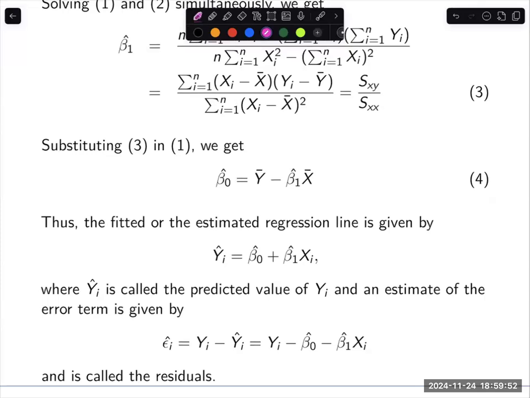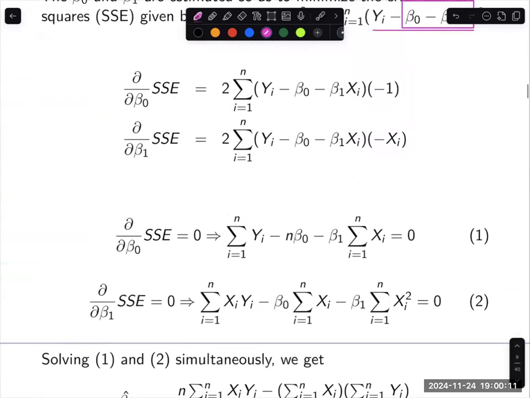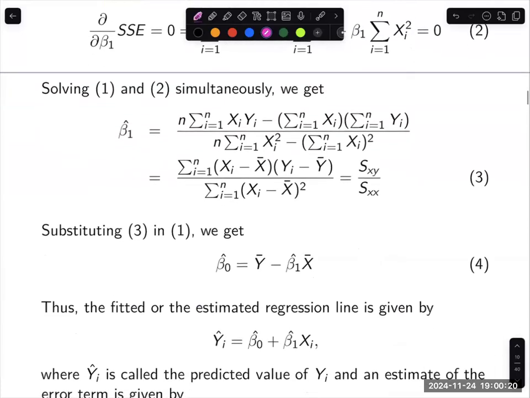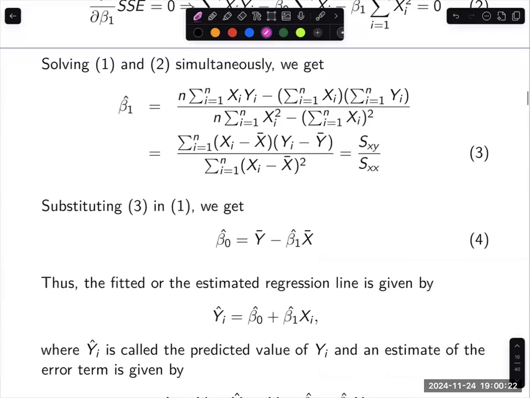So basically, we take yi minus beta 0 hat minus beta 1 hat times xi, and the sum of squares of them is to be the smallest, while beta 0 hat and beta 1 hat are the ones that minimize the SSE. So this gives the mathematical justification for why the beta 0 hat and beta 1 hat we listed are the least squares estimators.